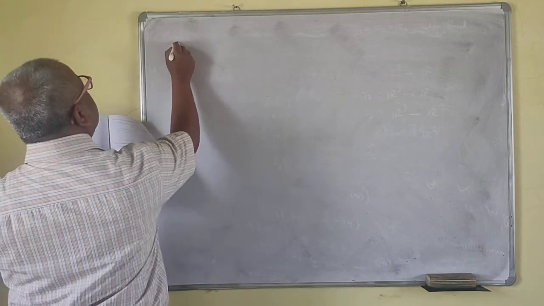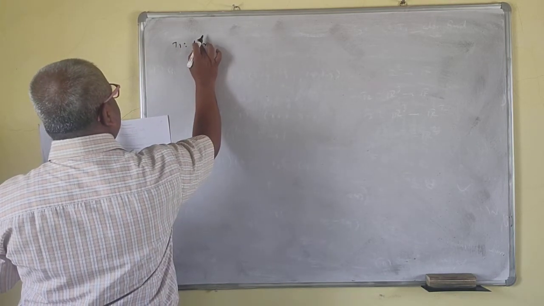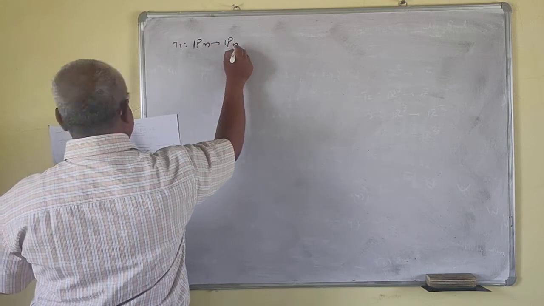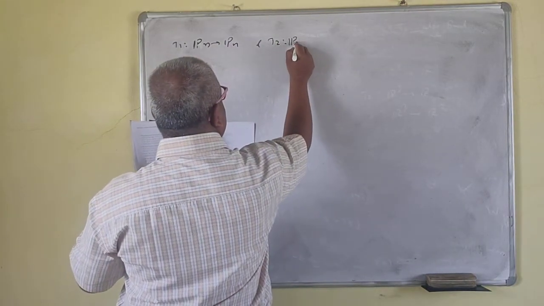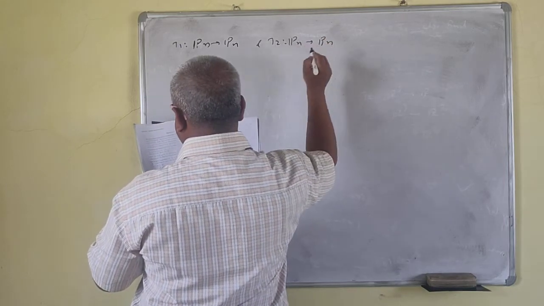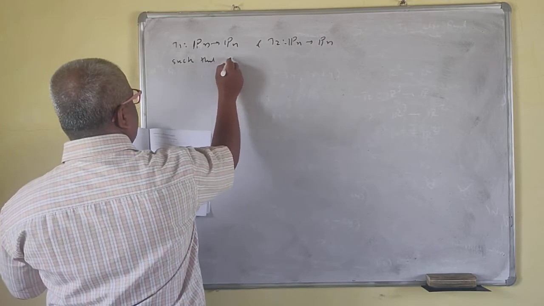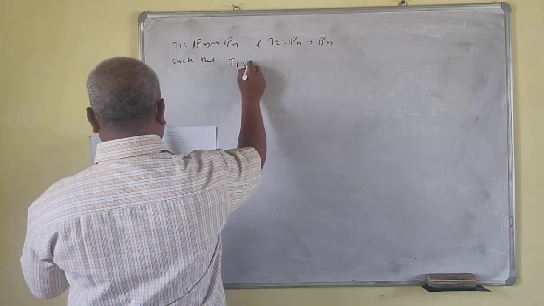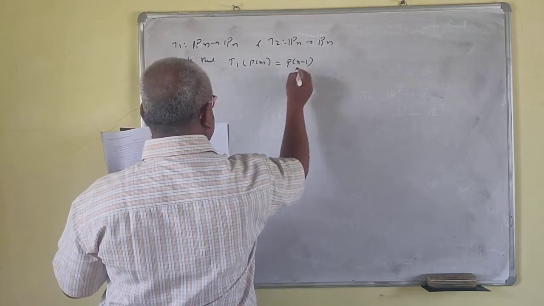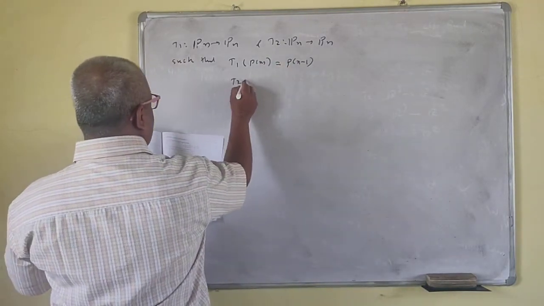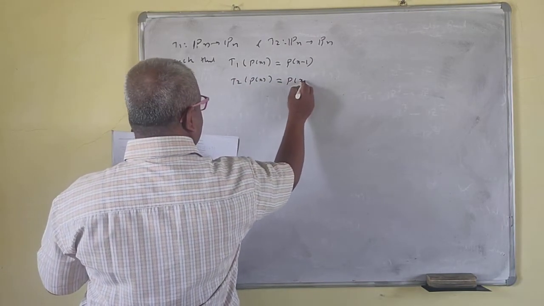Let T1 from Pn to Pn and T2 from Pn to Pn such that T1 of P(x) is equal to P of x minus 1 and T2 of P(x) is the same as P of x plus 1.